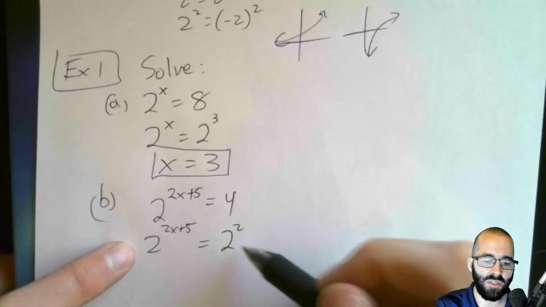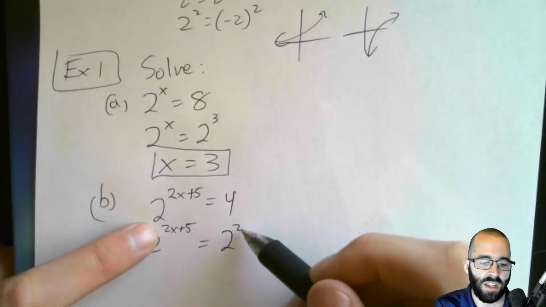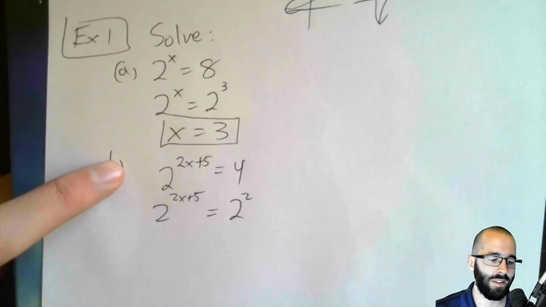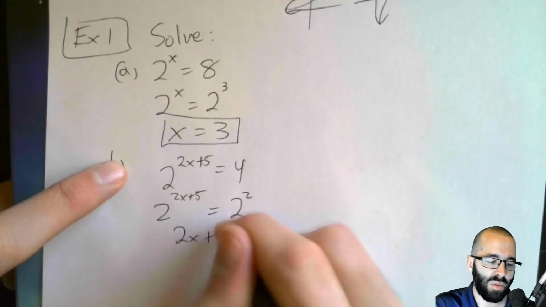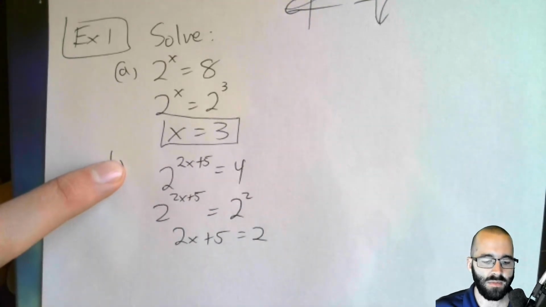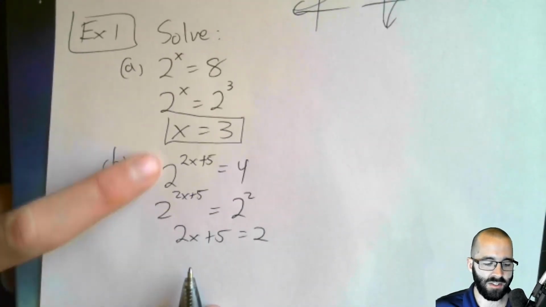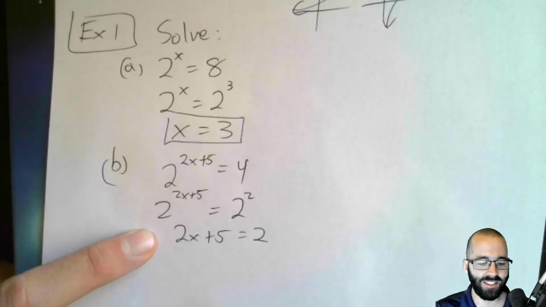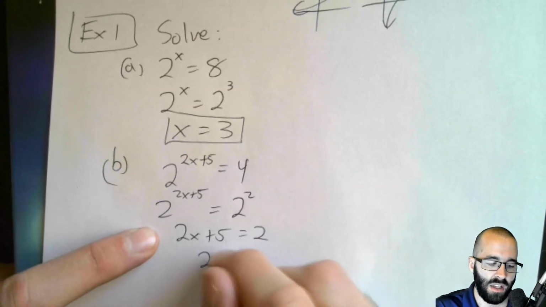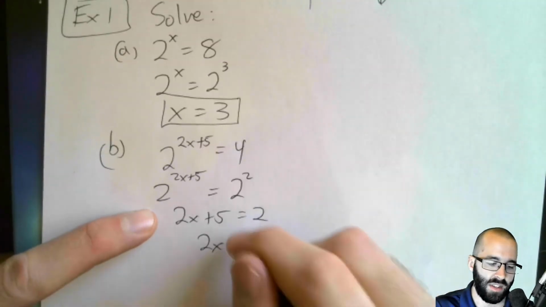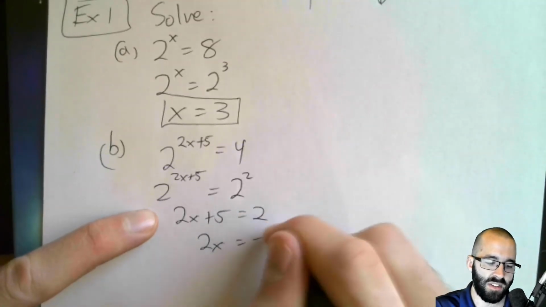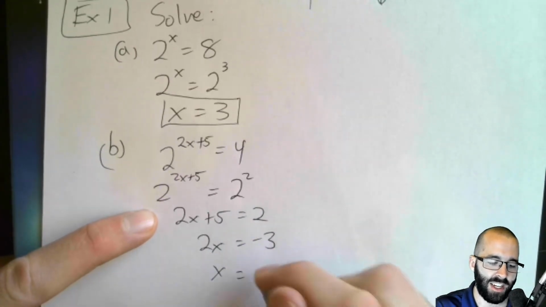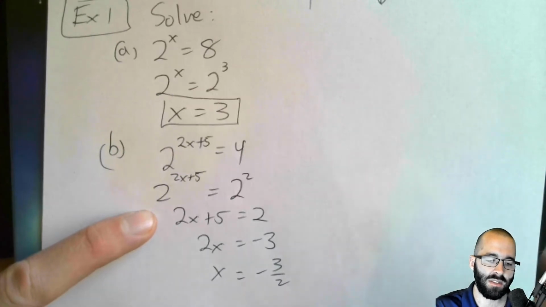Now we have exponential functions on both sides, so their insides, their exponents, have to be the same. So we get that 2x plus 5 is equal to 2. And whoa, this is no longer an exponential equation. This is a linear equation, and we can solve this accordingly. So we're going to get that 2x is equal to, subtract 5 from both sides, negative 3. Divide both sides by 2, and x is negative 3/2.